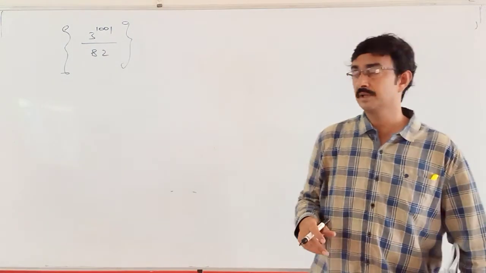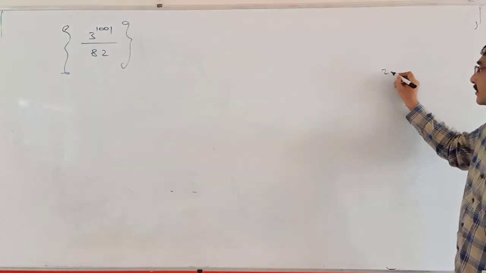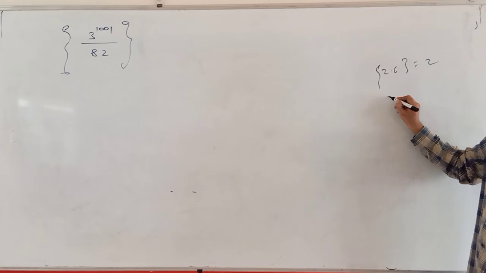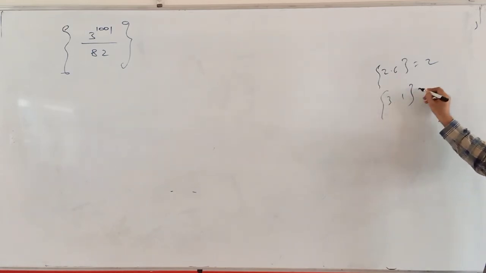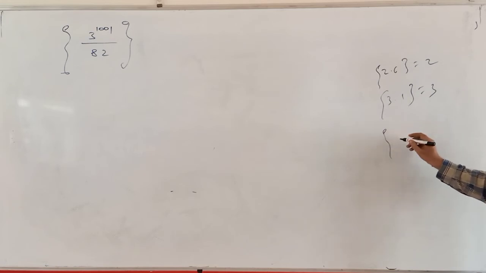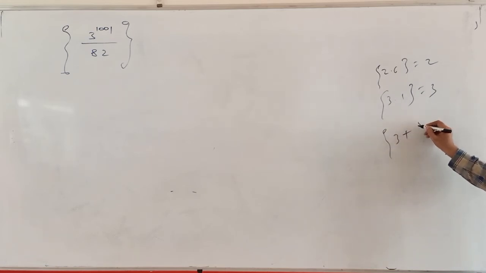So all of you know the meaning of fractional part. Fractional part of 2.6 is 0.6, that of 3.1 is 0.1. Not only this one: fractional part of 3 plus 5 by 6 is only 5 by 6, because 5 by 6 means 0 point some value.